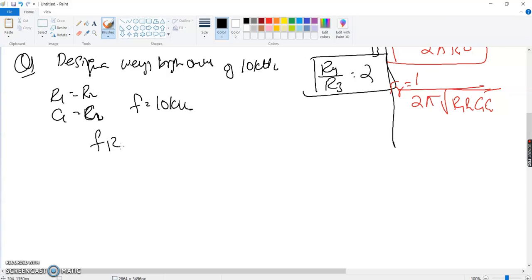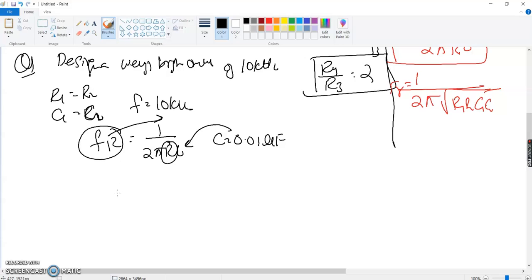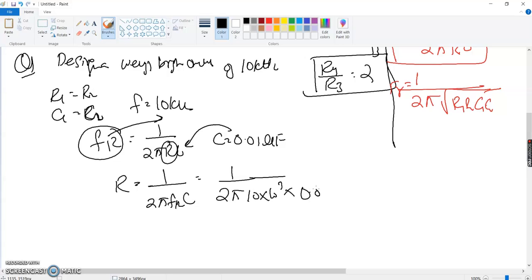So I'm going to use the formula for my resonant frequency, which is 1 over 2 pi RC. Like always, I'll pick the value of capacitance, this time maybe 0.01 microfarads. Substitute that capacitance over here. Resistance needs to be figured out. FR is already given as 10 kilohertz, so I'm going to make R the subject. That would be 1 over 2 pi FRC, which is 1 over 2 pi, frequency is 10 power 3 times capacitance 0.01 times 10 power minus 6, right?